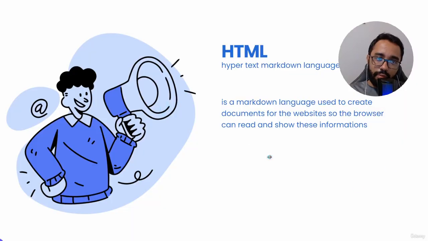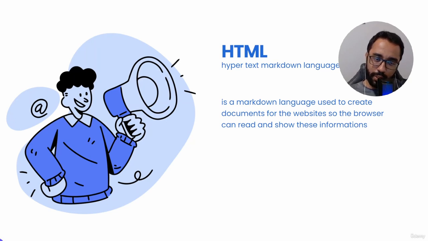Let's begin. Let's start with the HTML. The first thing that you need to understand is that HTML is not a programming language. HTML means hypertext markup language, and it is a markup language used to create documents that the browsers can read, right? This is the main format for the browsers. In order for browsers to read your files or every web page, they can only read this type of document, right? When you open a PDF, it does not open as a website.